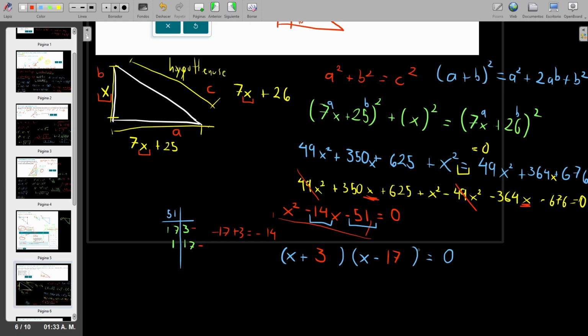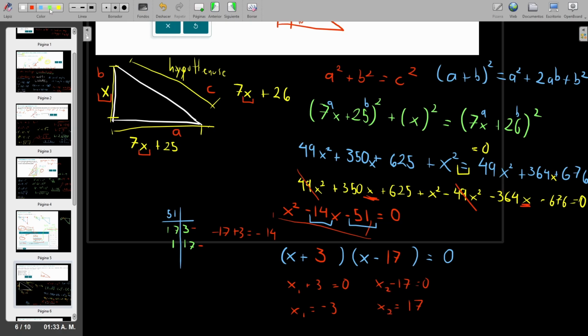So these are the values of x. Now we need to find x1. x plus 3 equals 0, so x1 is going to give us minus 3. Now the next value, x minus 17 equals 0, is going to be equal to 17. In this case, this is x2.